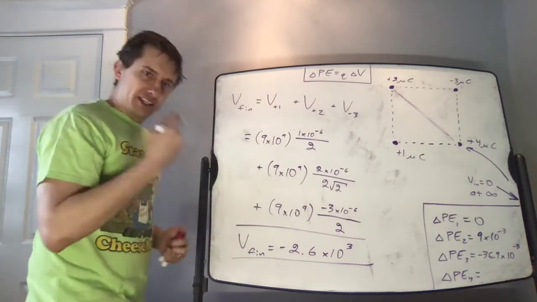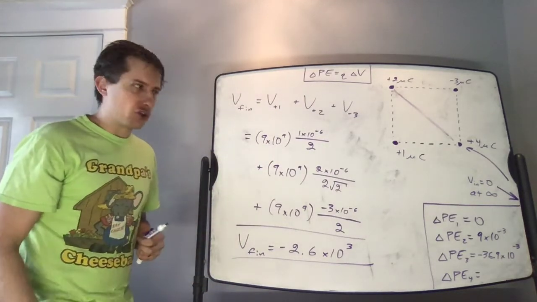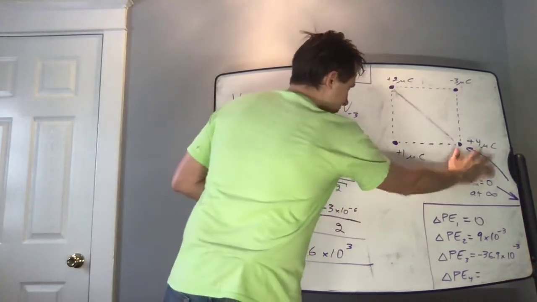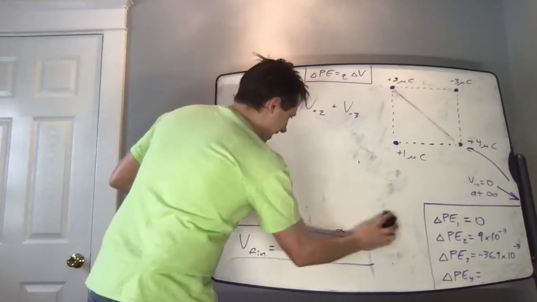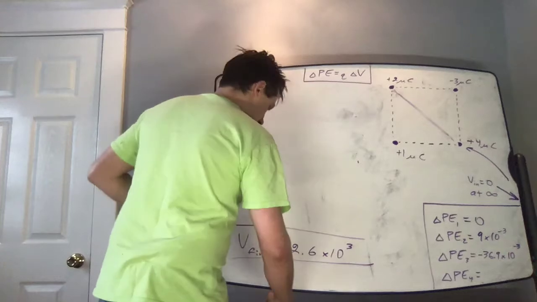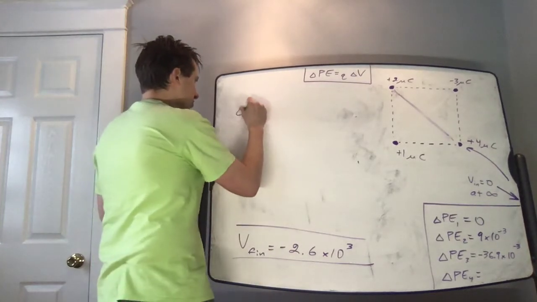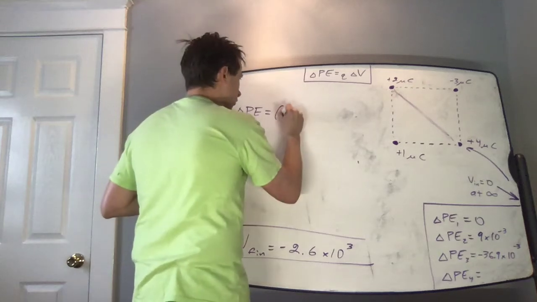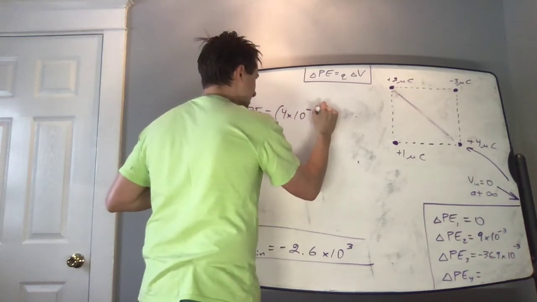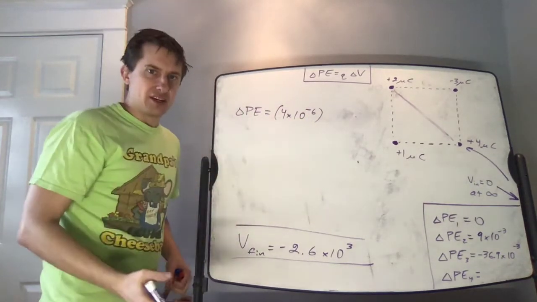We now could calculate the change in potential energy when we moved the plus 4 charge into place. So I could say that the change in potential energy, delta PE, is going to be charge of the particle that moved, 4 times 10 to the negative 6, V final minus V initial.